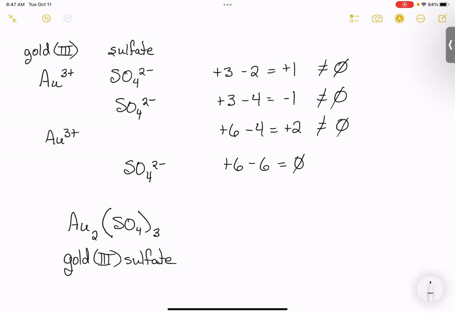Ionic compounds, other than hydrates, do not have prefixes. The reason for that is because ionic compounds will always be based off of the charges and it'll always come up to the lowest whole number ratio possible. So we don't need to know how many there are, because that's the only formula you could have for gold(III) and sulfate.